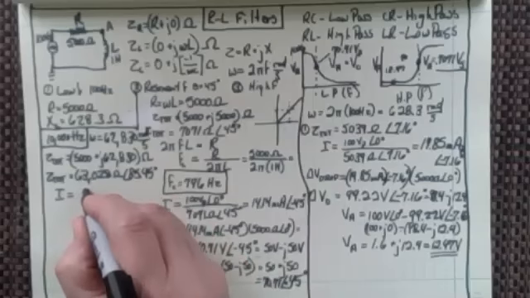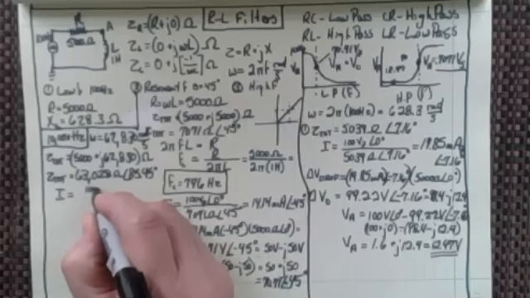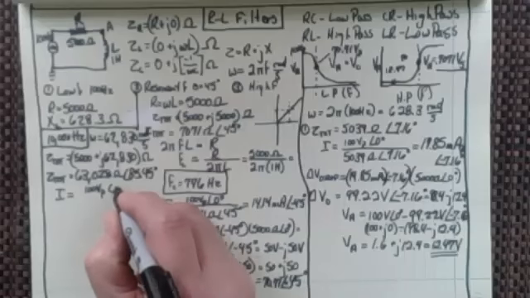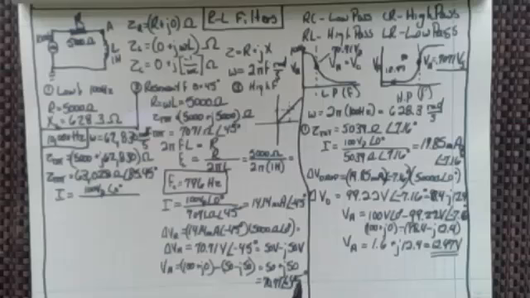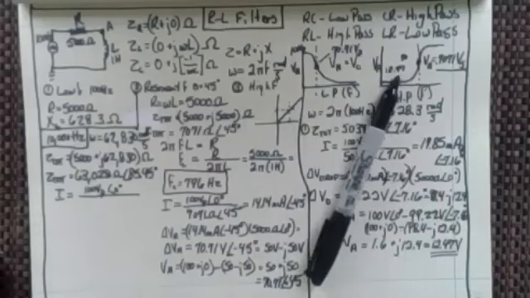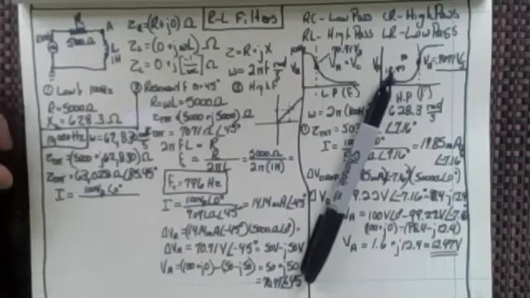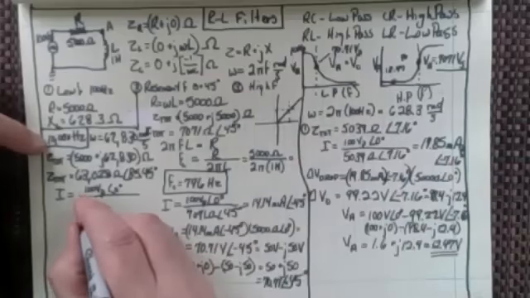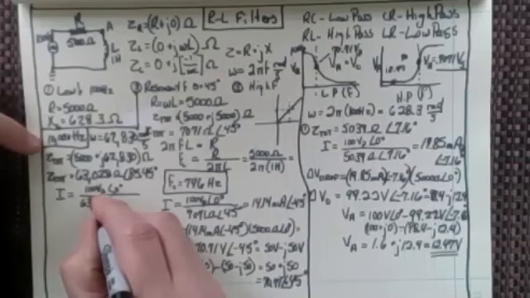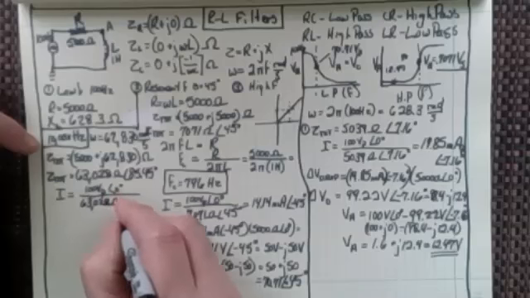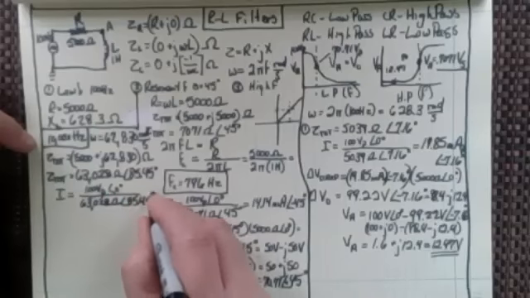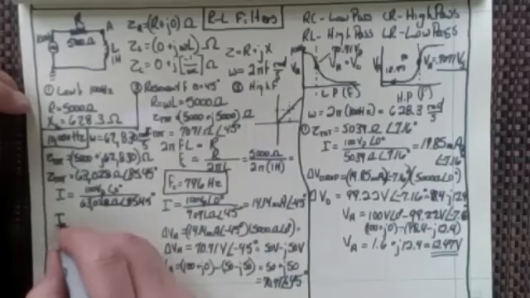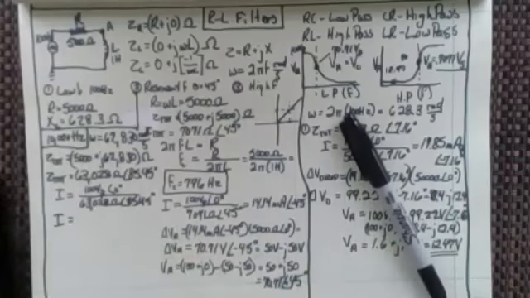So the total is going to be 100 volts peak at 0 degrees. And I think everybody can see what's going to happen here is the current is going to be exceptionally small. So if I were to divide that by 63,028 ohms at an angle of 85.45 degrees, my current is going to be very, very low.